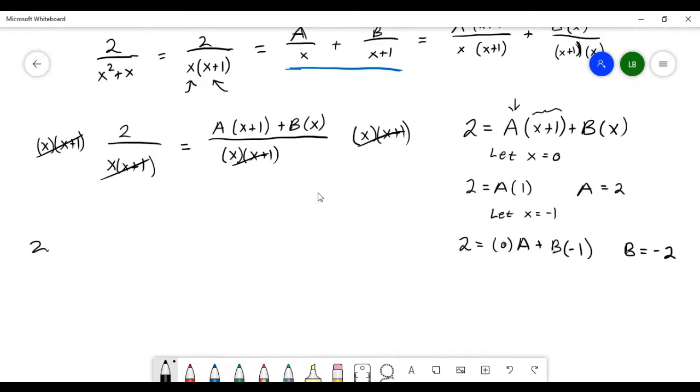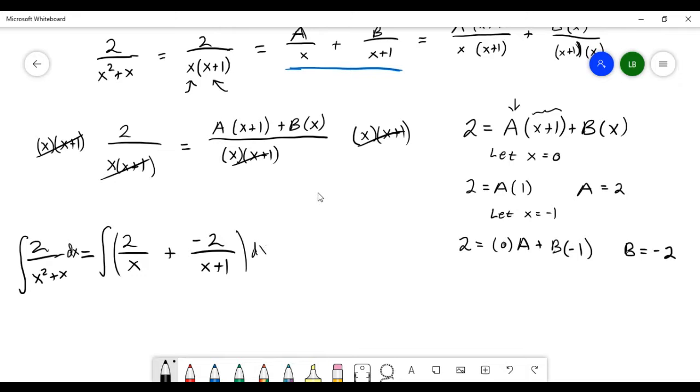So we can write that 2 divided by x squared plus x is actually exactly equal to 2 divided by x plus negative 2 divided by x plus 1. Which means that the integral of 2 divided by x squared plus x is the integral of 2 over x plus negative 2 over x plus 1. And of course, we would have a dx on both of those.